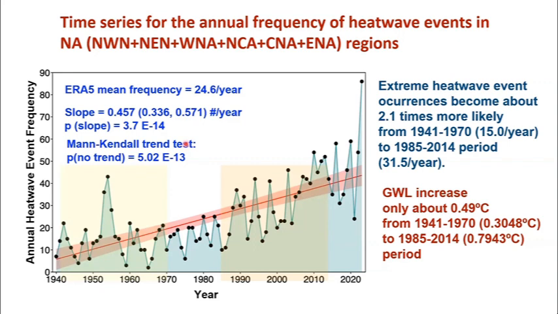If you compare a 30-year period in the earlier time and a later one in the time series, the increase from 15 to 31 is roughly 2.1 times more likely to have this event occur. And this is with only about 0.5 degree of global warming between these two periods.